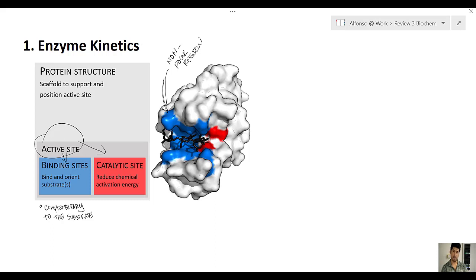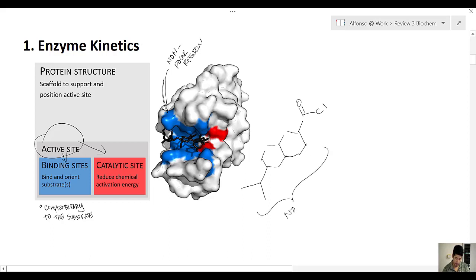If this region is non-polar, then the molecule that it's attracting must also be non-polar, because these two things attract each other. So therefore, we can say that the structure of the substrate is made up of non-polar regions as well.